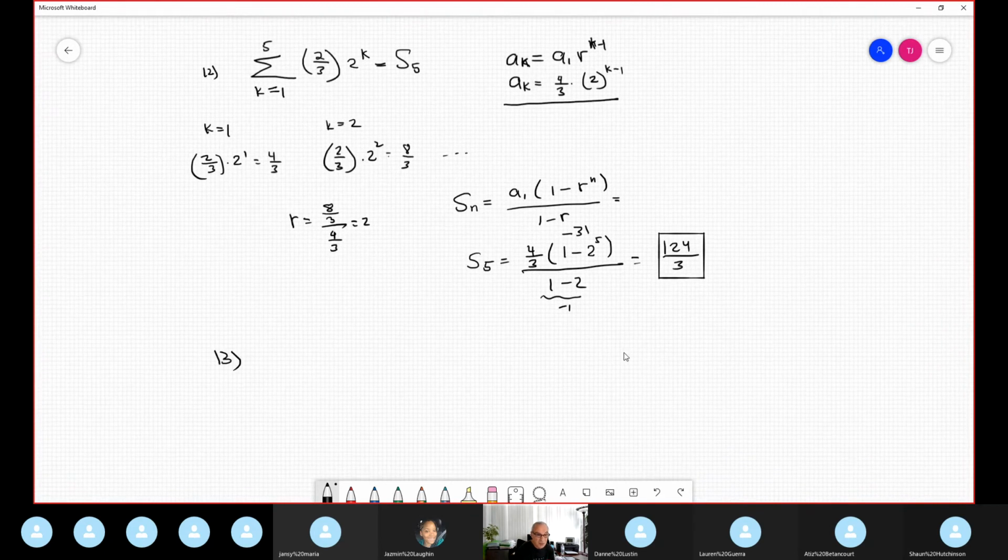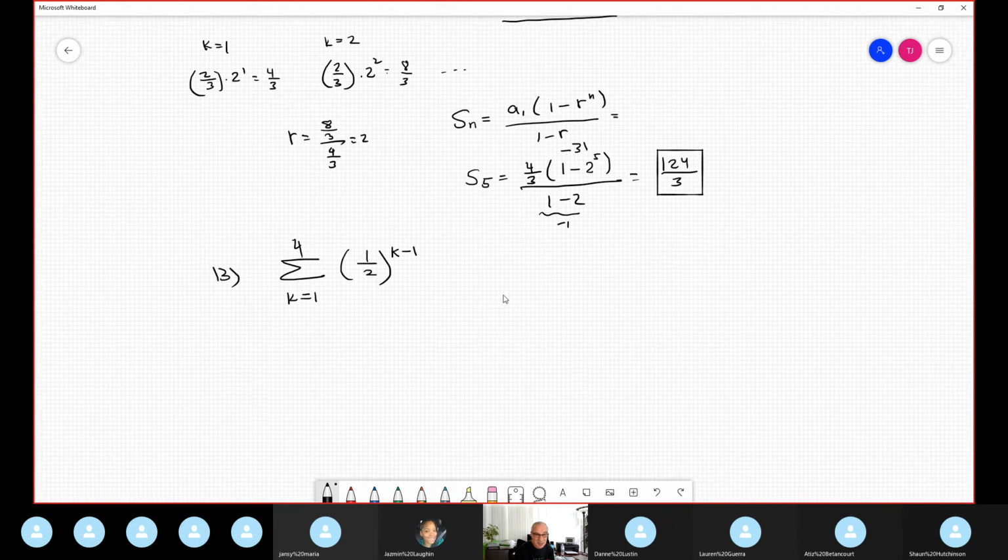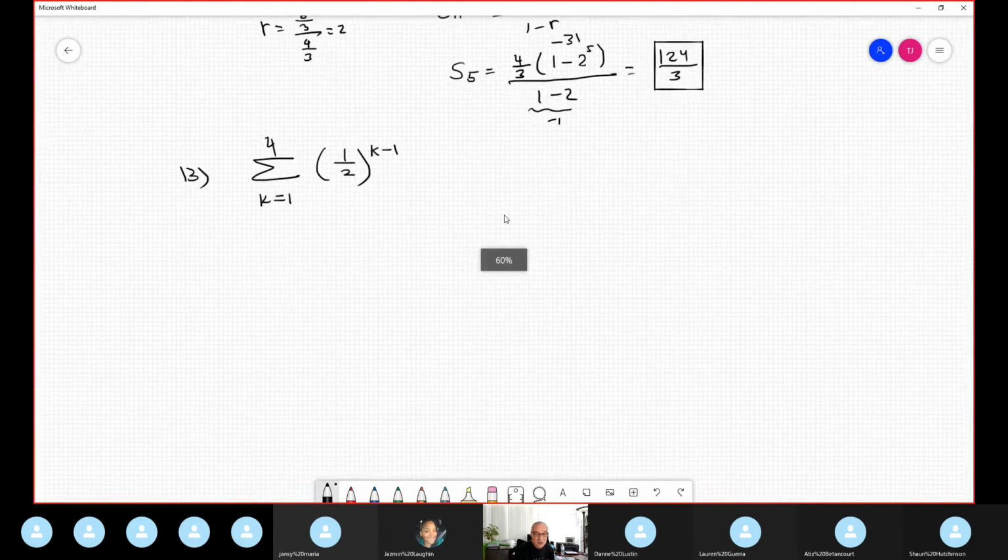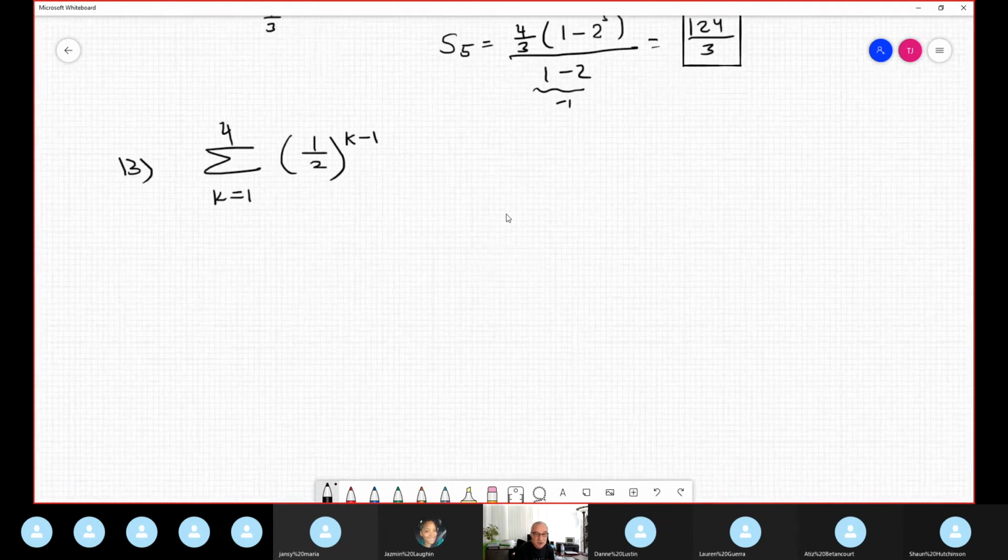13. A summation from K equals 1 to 4 of 1/2 raised to the K minus 1. Okay. This is similar, pero actually we are doing something interesting.